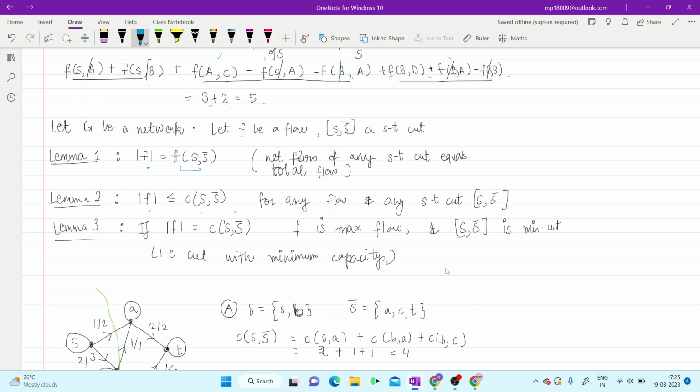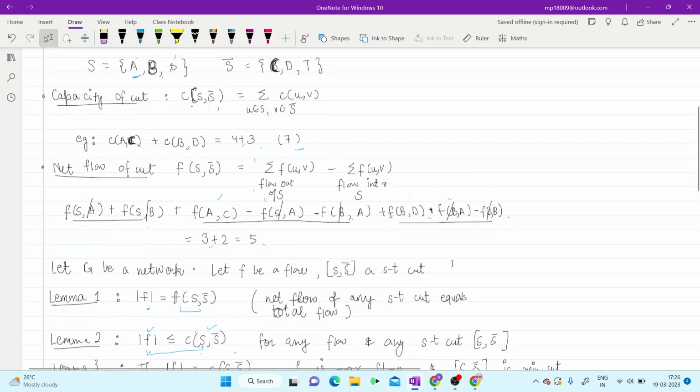And thirdly, lemma 2 is applicable for any flow value and any cut, so if the flow is equal to the capacity of some cut, then that flow value is the maximum flow value, and that cut is the minimum cut. What do we mean by minimum cut? The cut with minimum capacity.